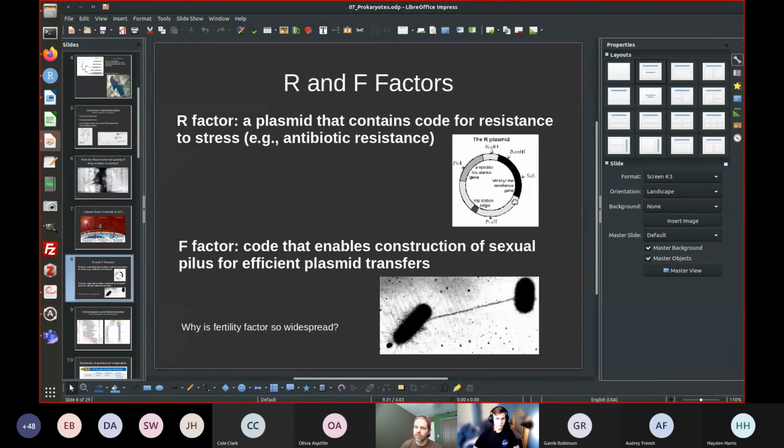And so you might also be sending, along with resistance factors, the fertility factor. And so you can infect the cells around you with the ability to also make this tube. Since it is so good at transmitting good stuff, it's selected for by natural selection. Oh, okay. That makes more sense. Thanks.